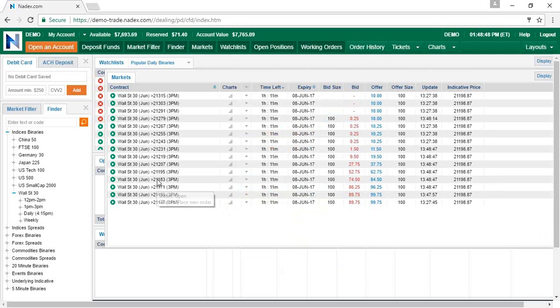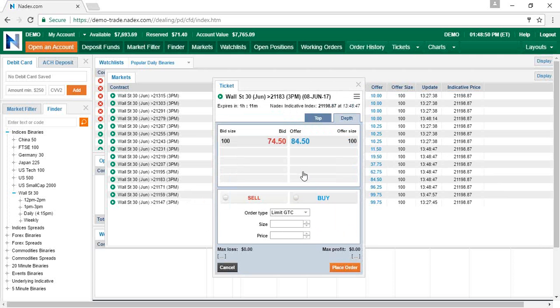If I buy this binary right here and the market goes up, expires in the money, I also make $64.50, right? Or wrong? If I were to buy this one. Well, why is that wrong? I bought a binary. It went up.